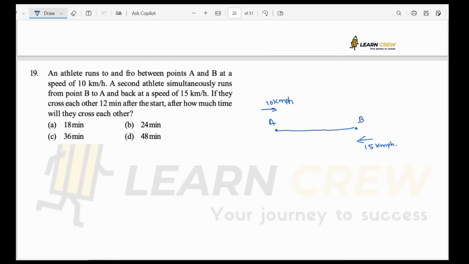What is the answer, Amrut? Anyone in the online? Reply.